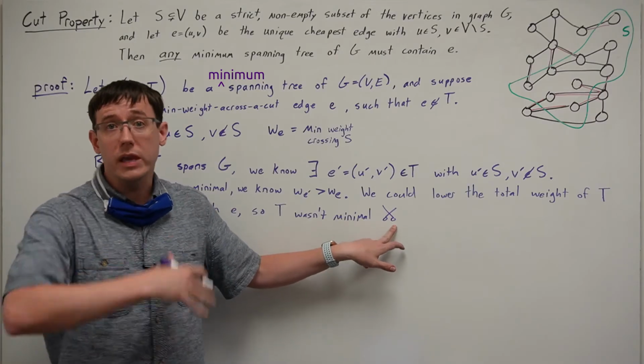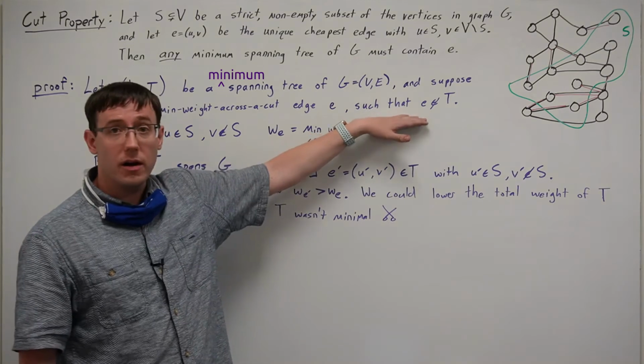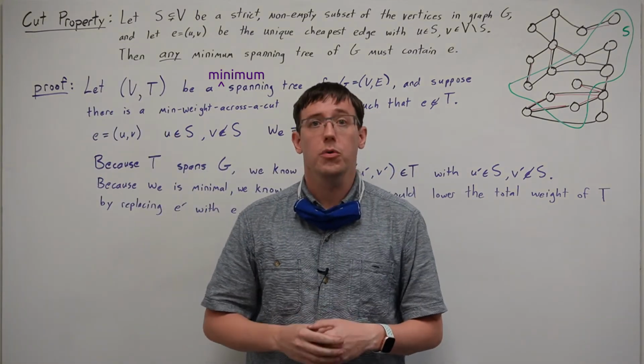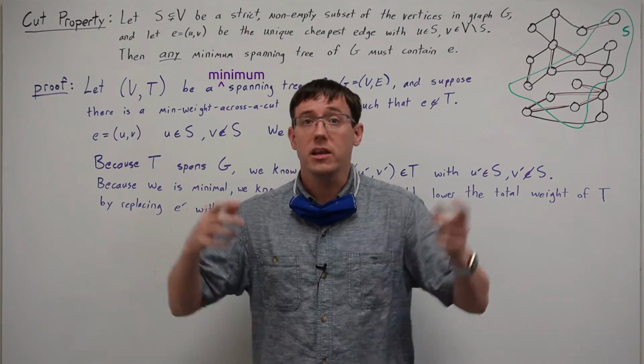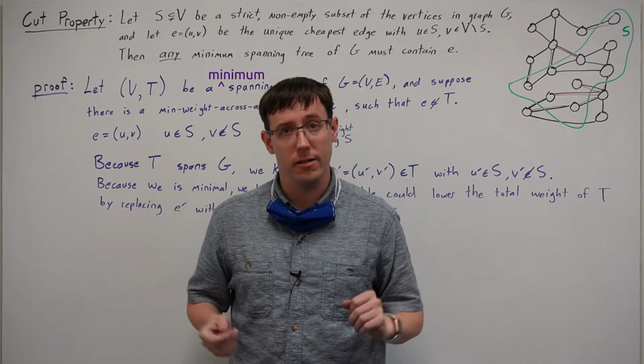And I'll use the crossed swords to indicate contradiction, which means that our supposition was false. So now, if we're happy with our proof of the cut property, we can use the cut property to prove the correctness of our greedy algorithms.